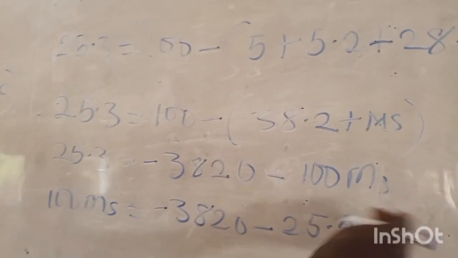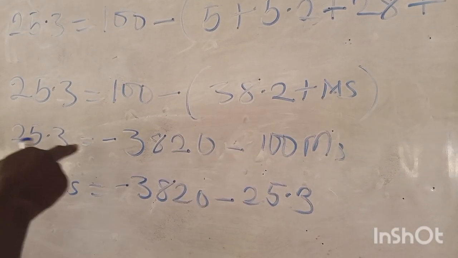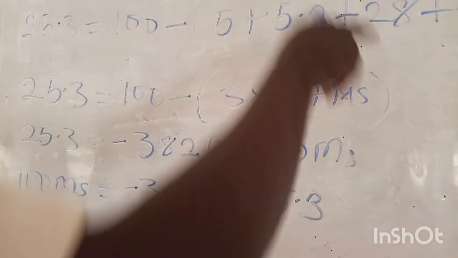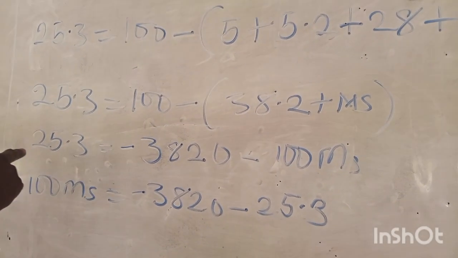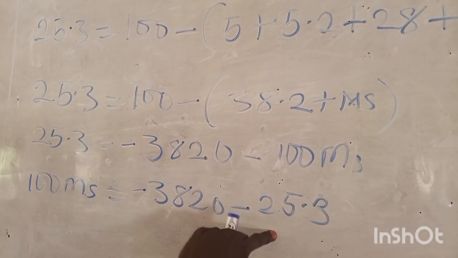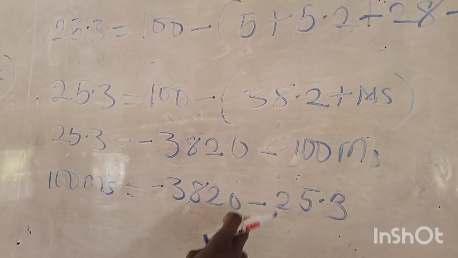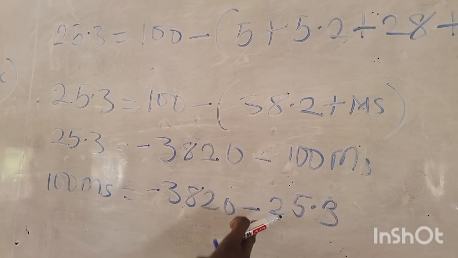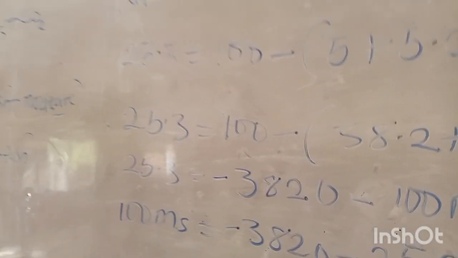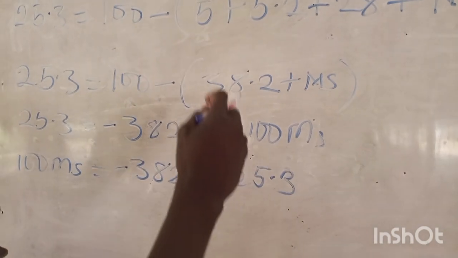When this has come this way, it has already turned to a plus. But when this is coming above the equal to, it will turn to minus. That's why we are having minus here. So we are going to be having minus 3,820 minus 25.3.